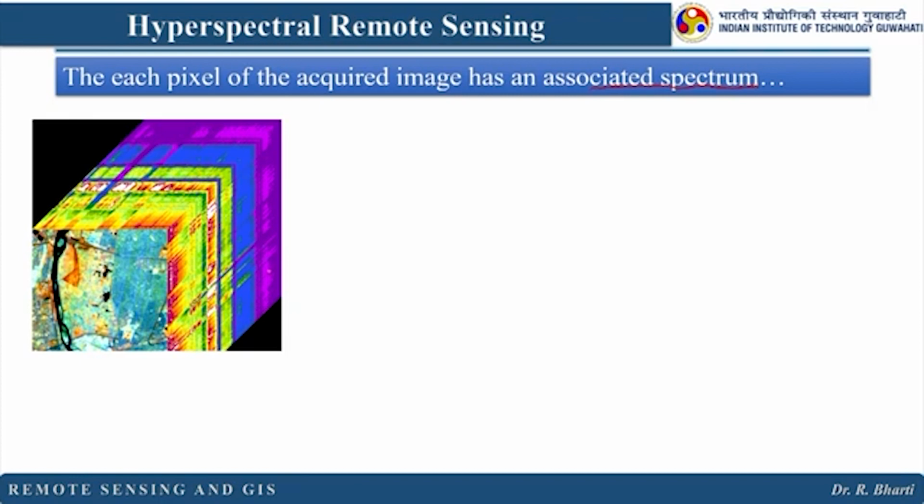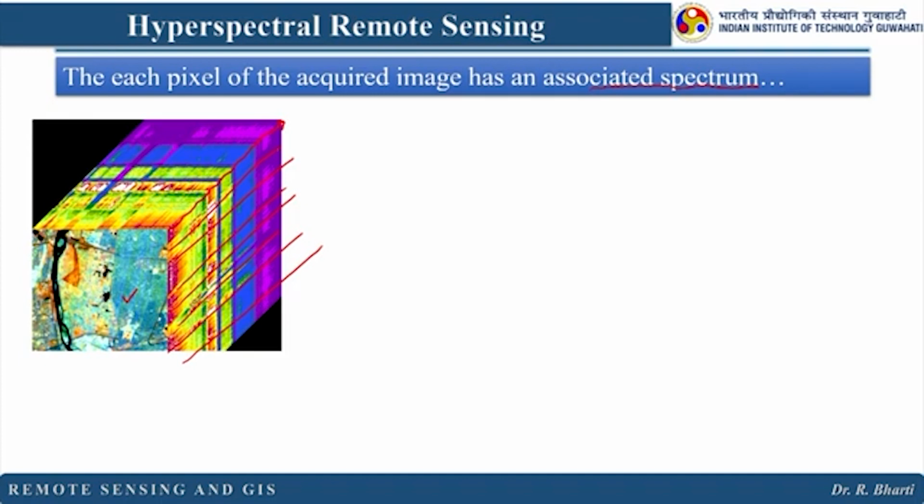Generally we use this kind of image cube to display our hyperspectral data. Here you can see this is the area, and this is the other direction where we have projected all the bands. All the bands are stacked behind, and it may be hundreds of bands stacked behind.